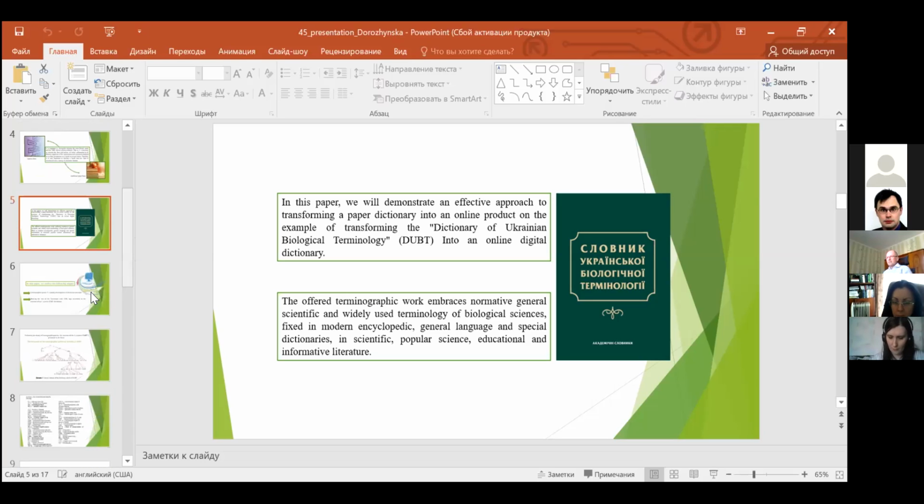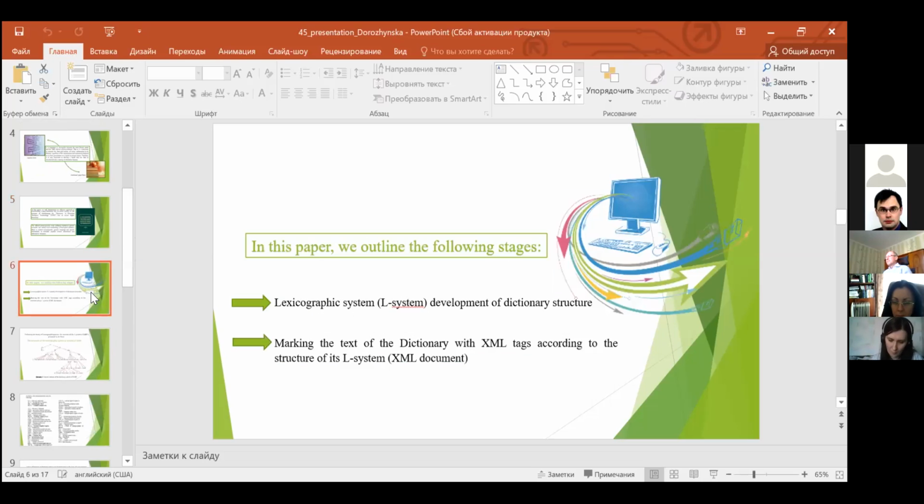In this paper, we outline the following stages: the lexicographic system, development of a dictionary structure, and making the text of the dictionary in XML according to the structure of its lexicographic system, as XML documents.